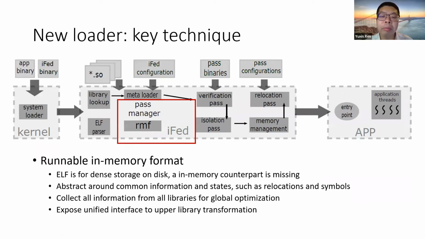The in-memory format abstracts common information and state in the library, such as relocations and symbols. This is a counterpart to the ELF disk format. Particularly, those formats collect information from all libraries to enable global optimization, and coordinate and synchronize the state between different library transformation passes.